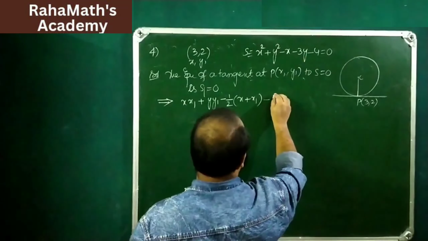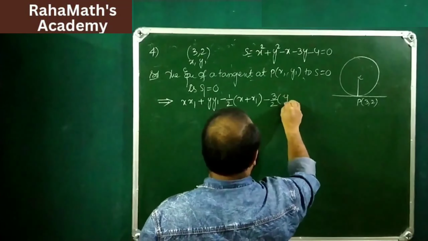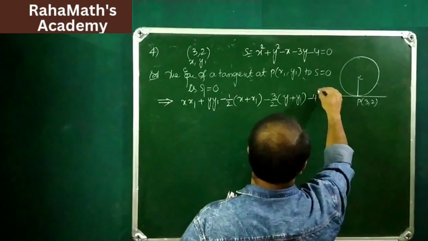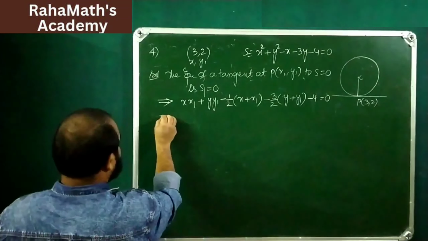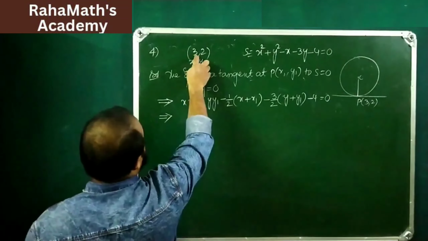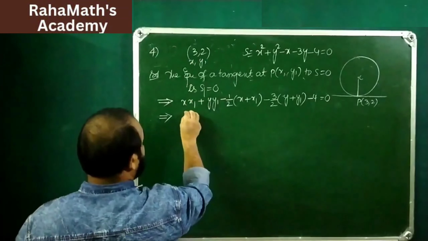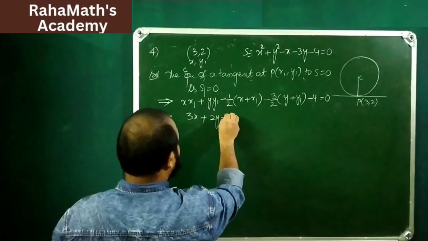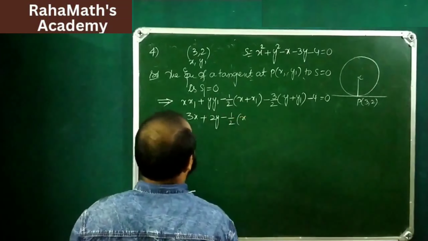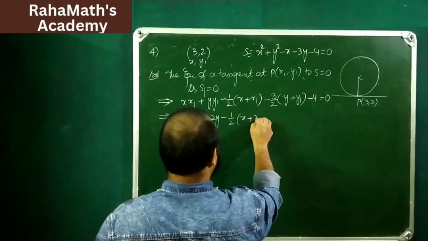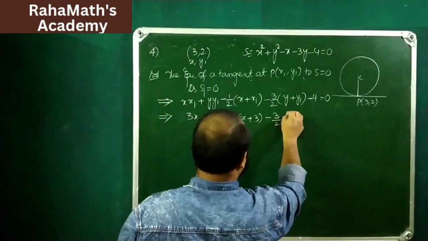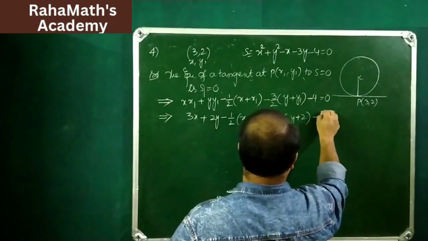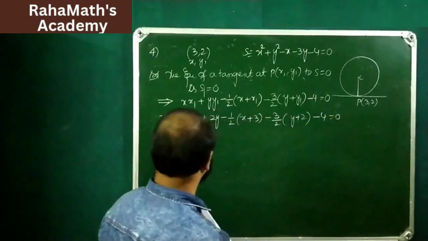So minus half of the coefficient of y, 3 by 2, into y plus y1, minus 4 equals 0. So that implies x into 3, x1 is 3. So 3x plus y into 2, 2y, minus half into x plus 3, minus 3 by 2 into y plus 2, minus 4 equals 0.